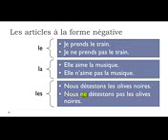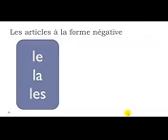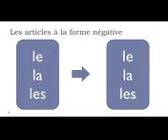Negative form, nous ne détestons pas les olives noires. Okay, in that case, it doesn't change. So you can see le doesn't change, la doesn't change, and les doesn't change either. Alright, so the rule is quite simple. If you've got in your structures le, la, or les, and you want to have this structure at the negative form, then they will stay exactly the same.